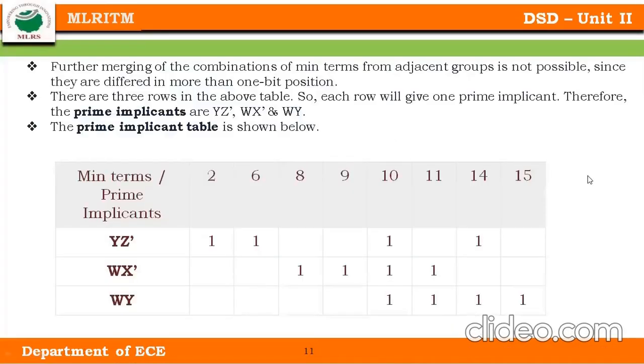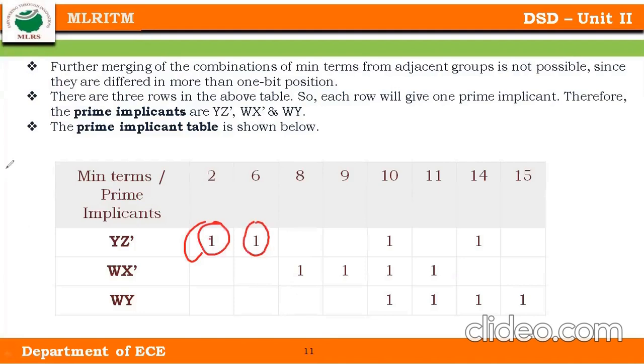Now in this, I need to check for essential prime implicants. What are the essential prime implicants? Those which are not covered elsewhere, which means that this one is not pairing to any group, so this is essential. This is also essential.